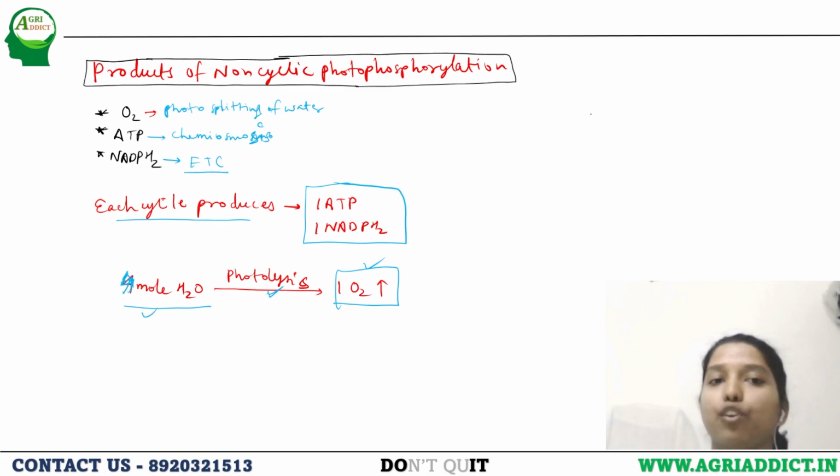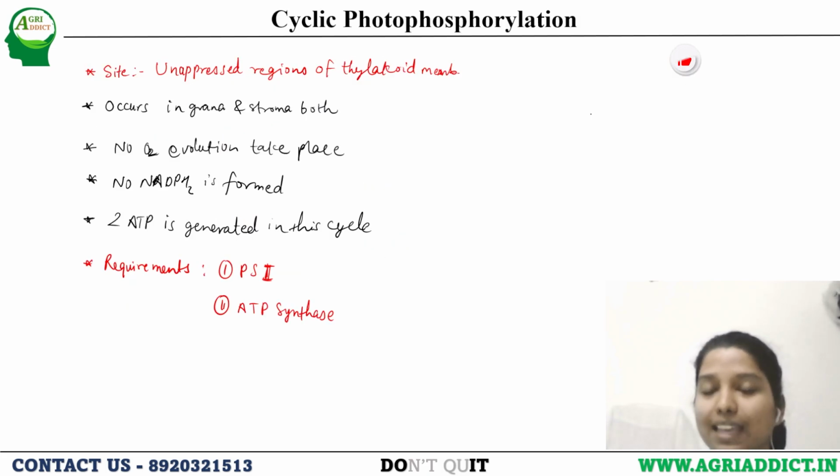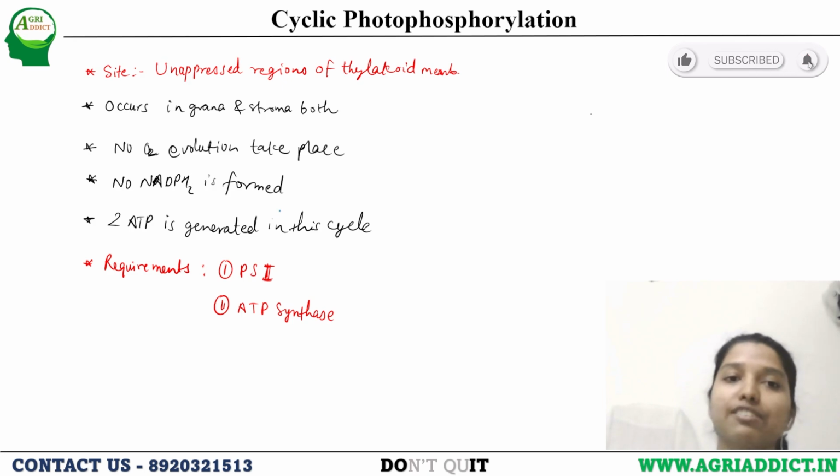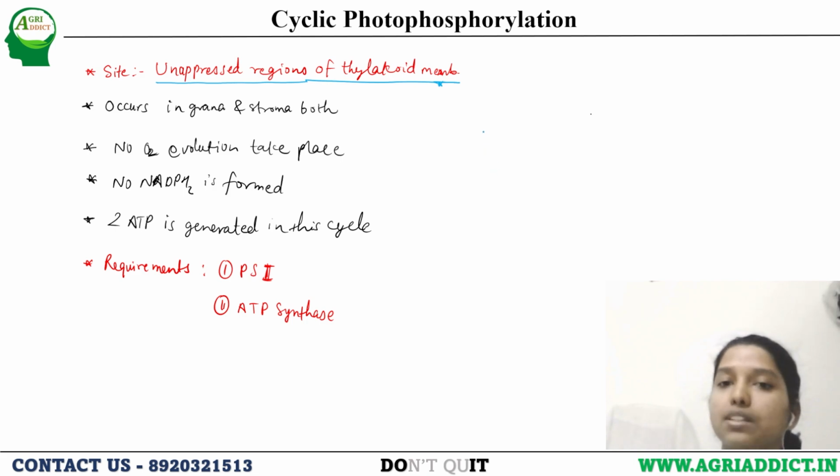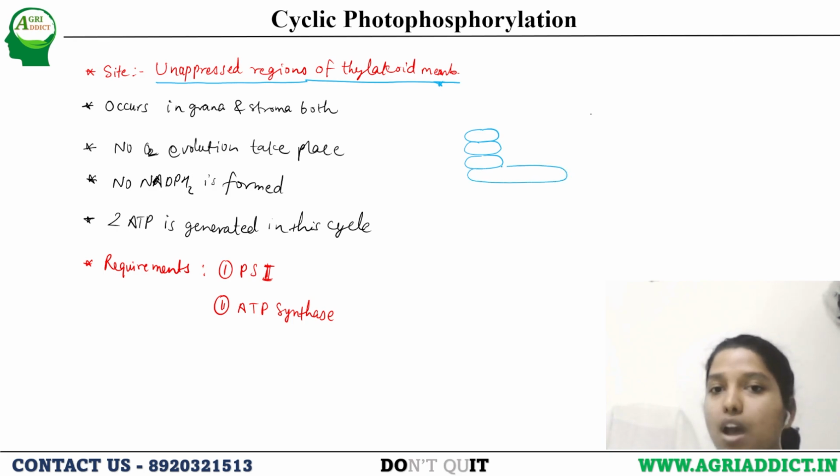Now comes the cyclic photophosphorylation. Why we say it's cyclic, we'll understand in the next slide. First, we have to remember the site of cyclic photophosphorylation. It is the unappressed region of the thylakoid membrane. Unappressed region means the regions which are in direct contact with the stroma fluid.